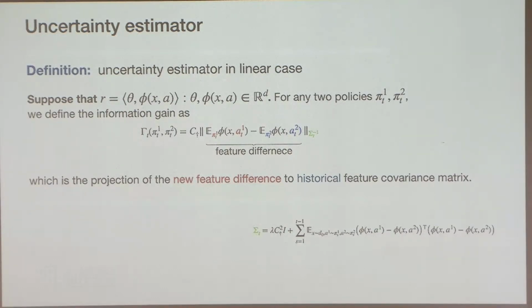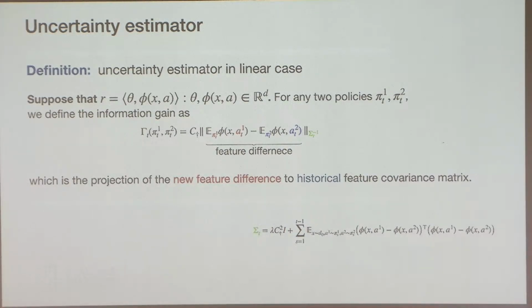Then for any two policies, we can define the uncertainty estimator, or the information gain, as the projection of the feature difference back onto the historical feature covariance matrix. The reason why we always evaluate the uncertainty in terms of two policies is that in RLHF, we always learn from relative feedback. That's why we always have two policies and care about the difference.